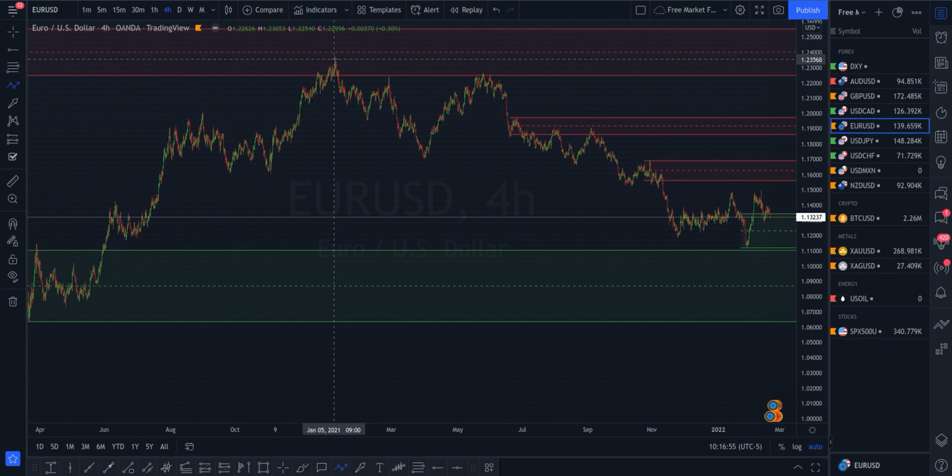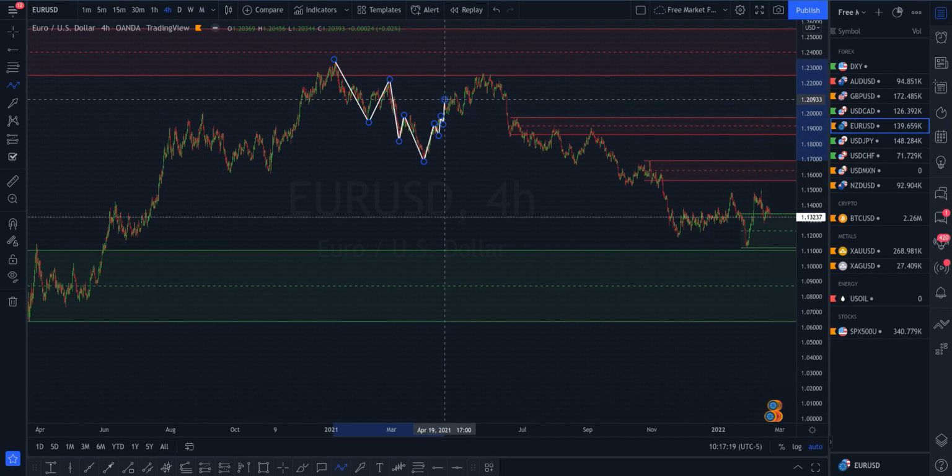We've had our high, low, lower high, lower low, lower high, lower low, lower high, higher low, higher high, higher low, higher high, higher low, higher high, lower low, higher high, higher low, higher high, higher low, lower high, lower low, lower high, lower low, lower high, lower low, and so on.